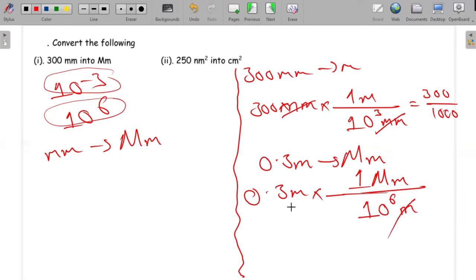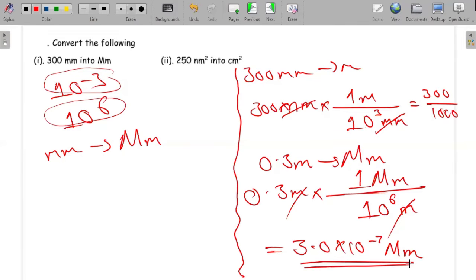This is going to cancel out the meters. 0.3 multiplied by 1 divided by 10 to the power 6. What answer are we going to get? This is going to give us equivalently 3.0 times 10 to the power minus 7 megameters. It's a very small number.